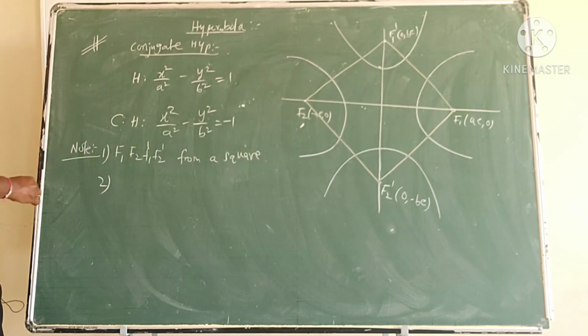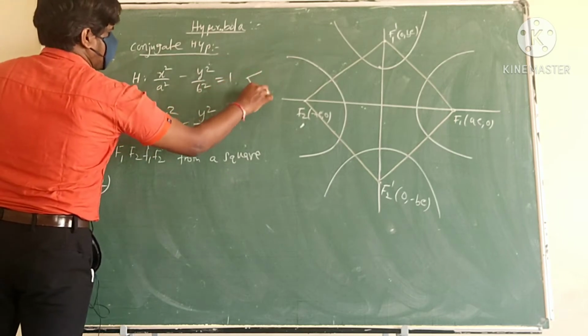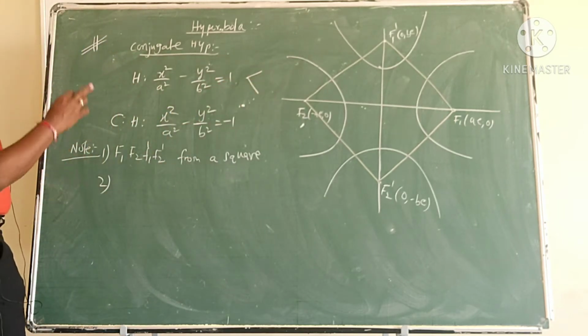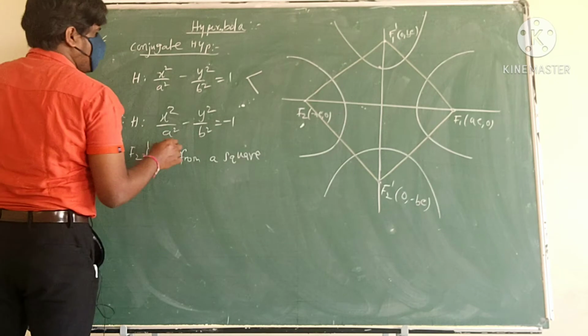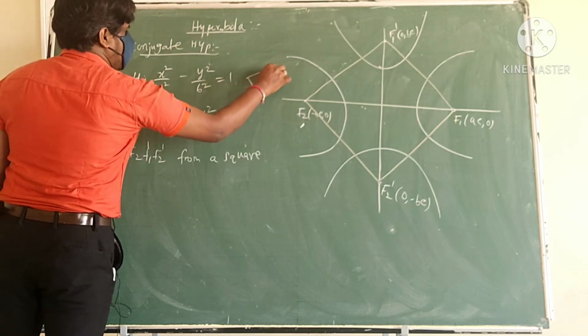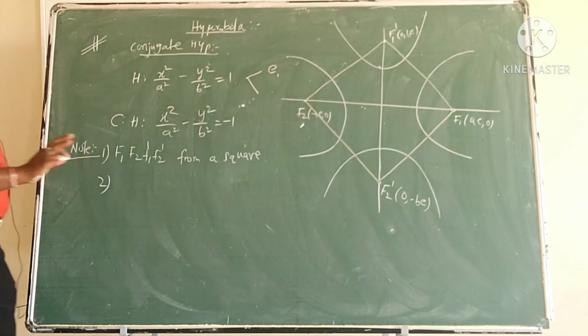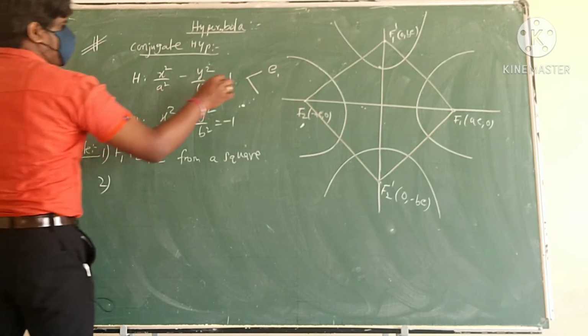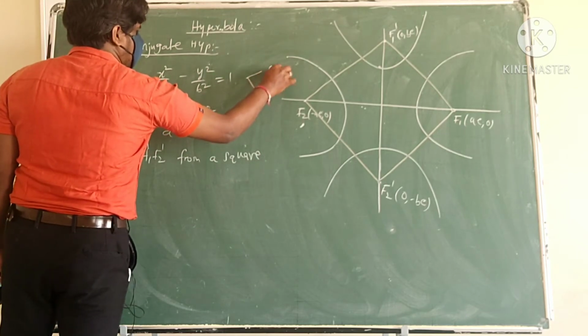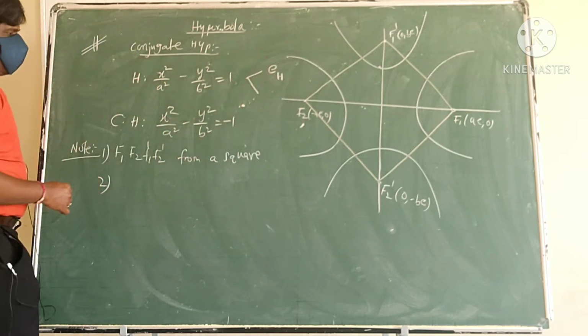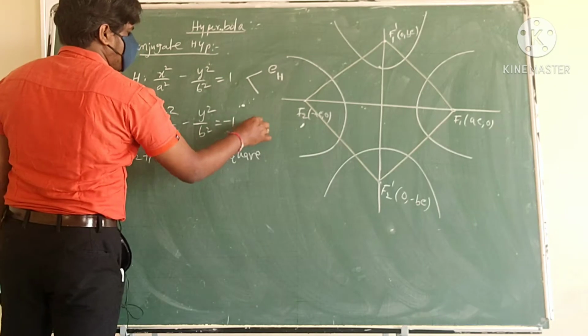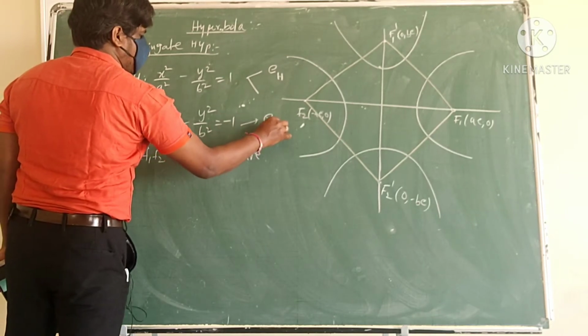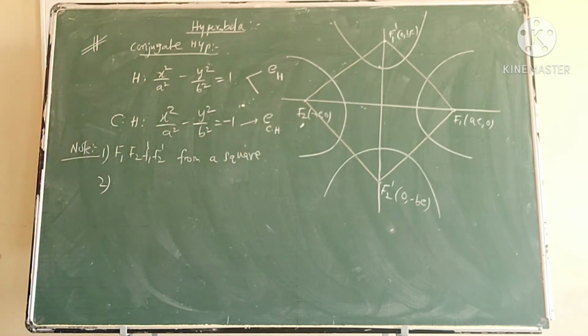The second point is about the eccentricity. Let us take E1 as the eccentricity of the hyperbola, EH, and the eccentricity of the conjugate hyperbola, ECH.